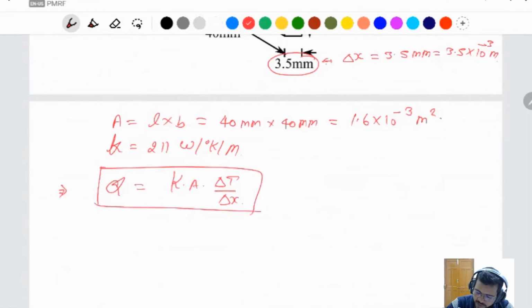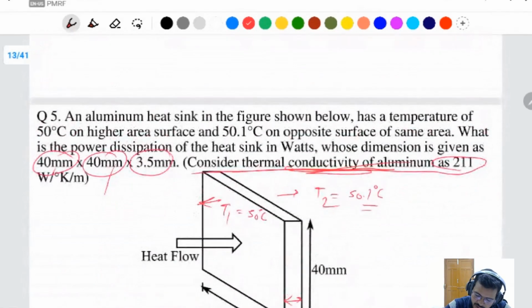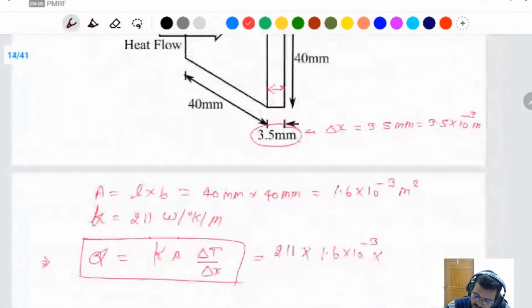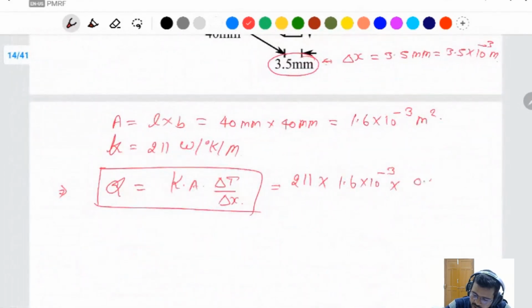In the formula you can see this one. K is given 211. Area is 1.6 into 10 to the power minus 3. Delta T is 50.1 minus 50, 0.1 degrees centigrade, divided by delta X. Delta X is 3.5 mm, 10 to the power minus 3.